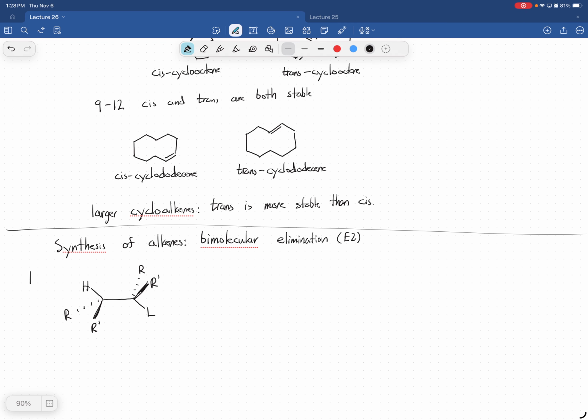All right, so our base here will come around and attack the H, kicking off the leaving group. Sorry, this should be the leaving group. And then we will get our alkene.